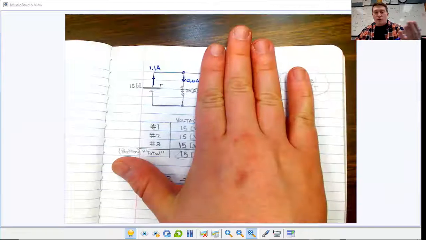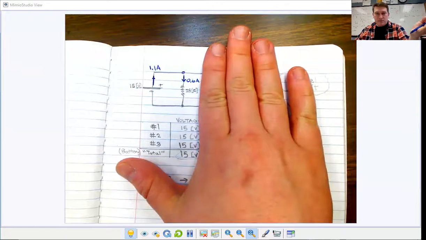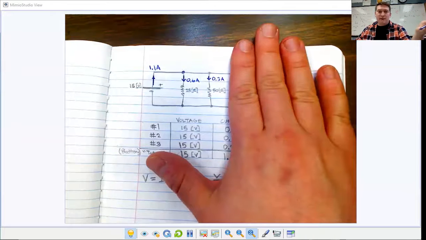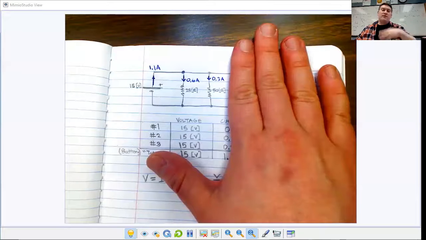If I only had one road in the city with 25 speed bumps, the resistance of the city would be 25 speed bumps. However, if I had two roads to get to the same destination, even though that road has 50 speed bumps, because I opened up a new road, the traffic of the entire city actually went down.